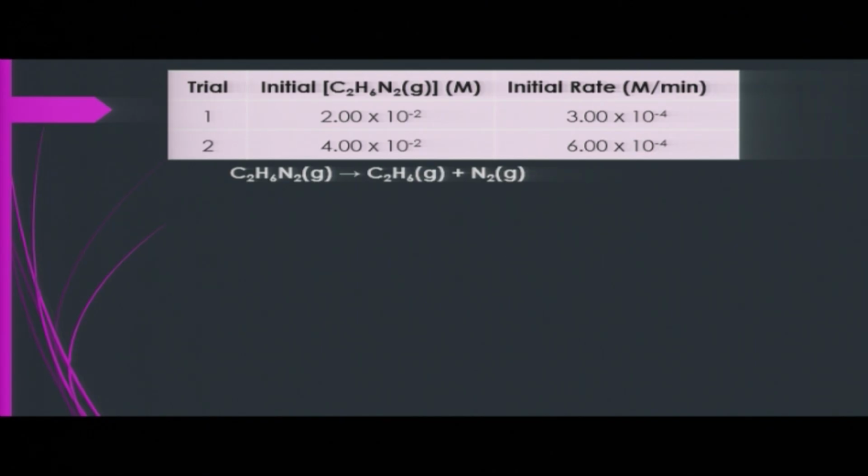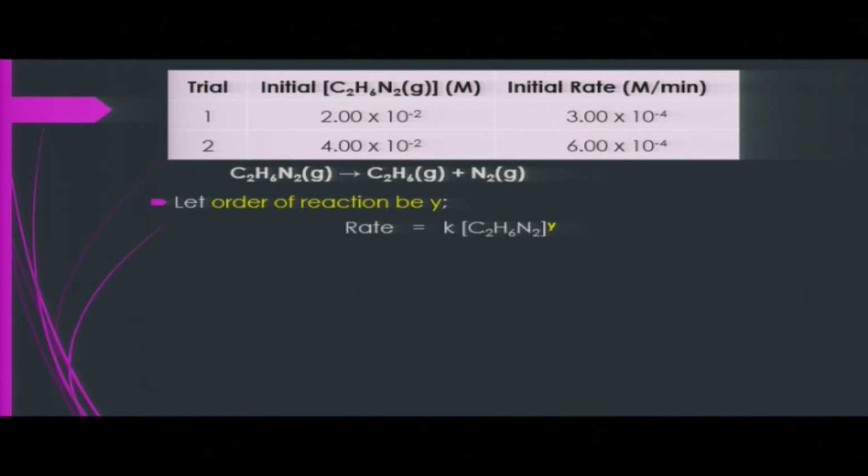First, we must take an assumption and say, let the order of a reaction for this reactant, since it is a single reactant, be Y. So we write the rate expression: rate equals a constant K, the concentration of this reactant raised to the power Y, which is our order. Remember, we don't know Y. It has to be got from the values of the experiment, which we have here. So that is the first step.